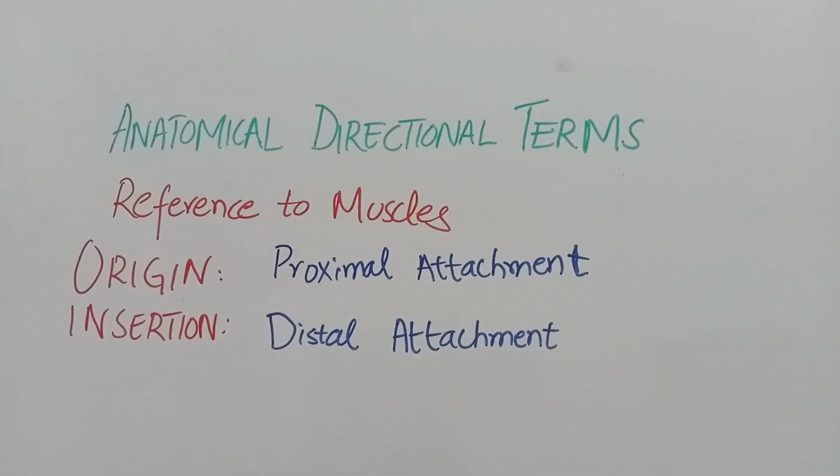In reference to the muscles, we often hear the terms origin and insertion. The origin is the proximal attachment of that muscle. The insertion is the distal attachment of that muscle. Mostly the origin is present at the unmovable surface of the bone. The insertion or distal attachment is present at the movable surface of the bone.